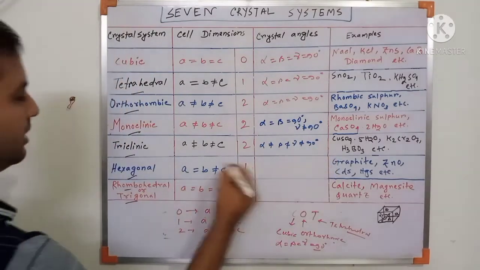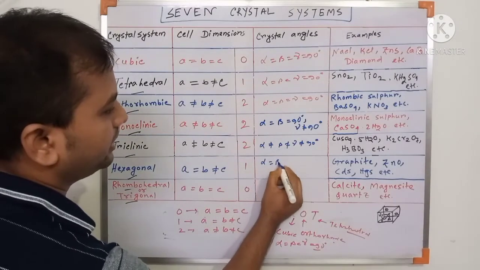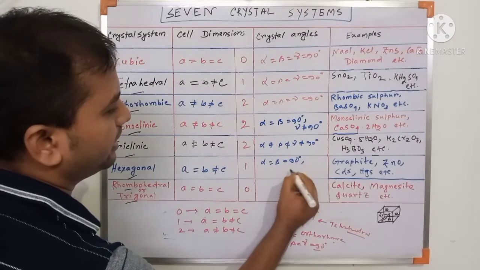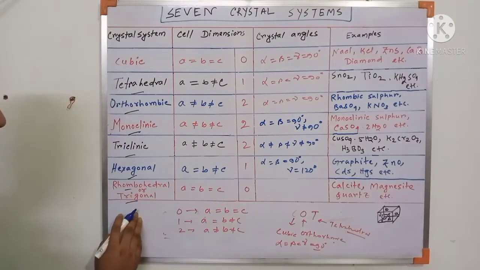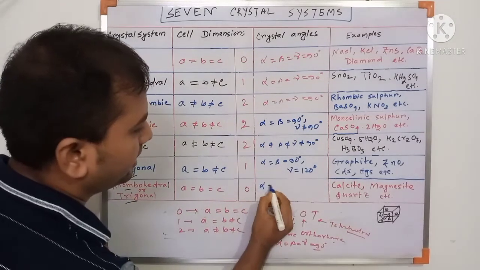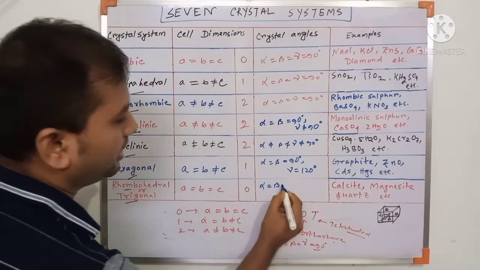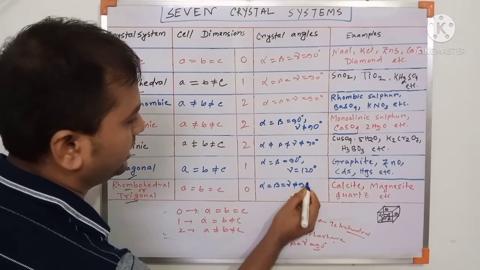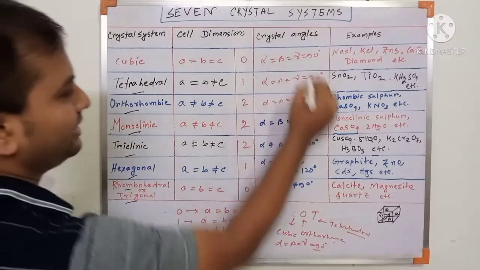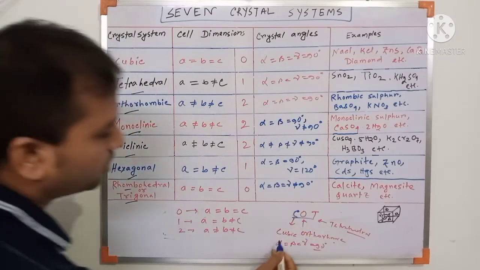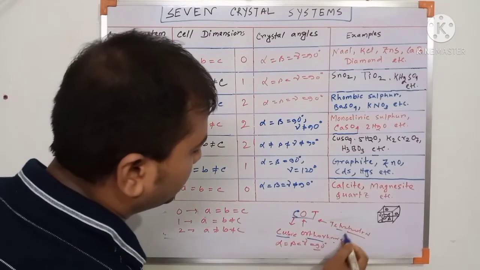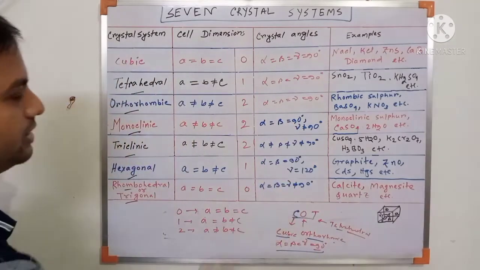Hexagonal has alpha equal beta equal to 90 degree, but gamma equal to 120 degree. And rhombohedral has alpha equal beta equal gamma not equal to 90 degree. 4 are to be remembered, and 3 are by the trick: the code C, O, T, all 90 degree.